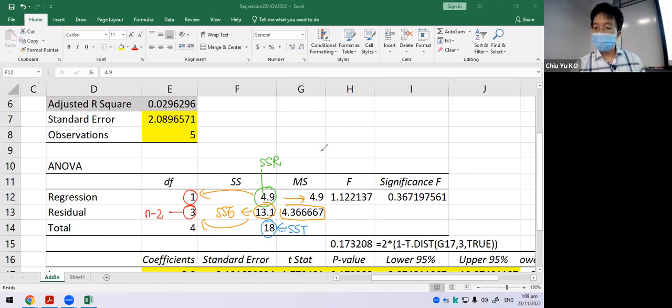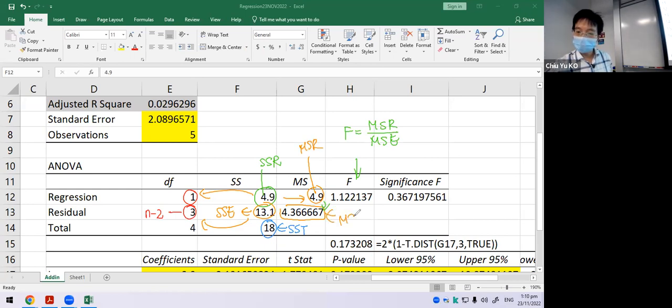And next you take the ratio. Remember F is just MSR over MSE. Just to remind you, this is MSR and this is MSE.